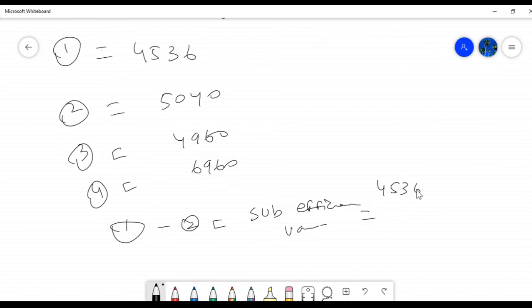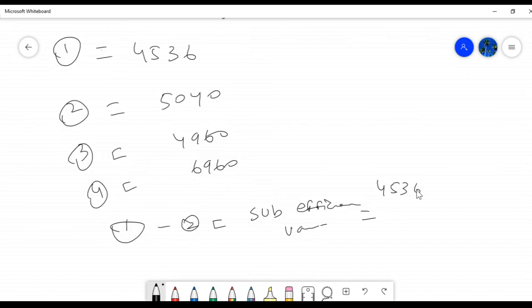Then what? 3 minus 4 is what? Rate variance. Rate variance how much? 4960 minus 6960. That is my rate variance. Rate variance is huge. How much? 2000 adverse.